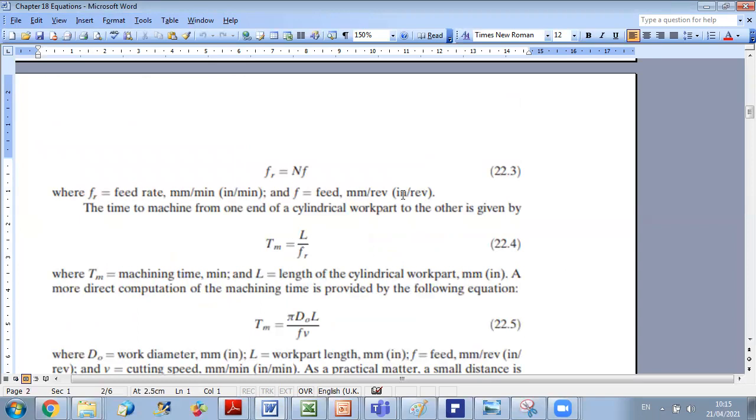Now, as we said, if you want to find the time to machine from one end of a cylindrical part to the other end, then we should apply the following relation: the machining time required is the length over the feeding rate.